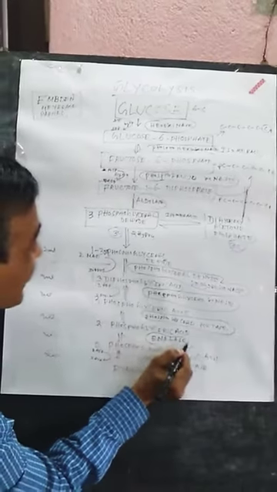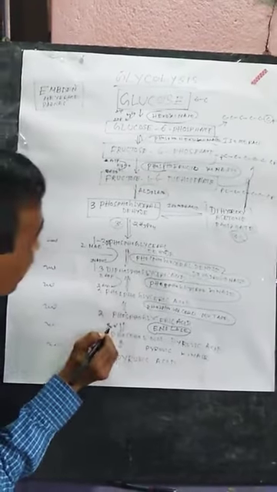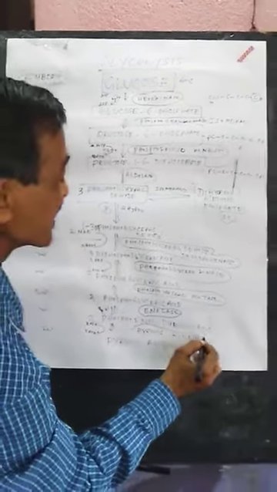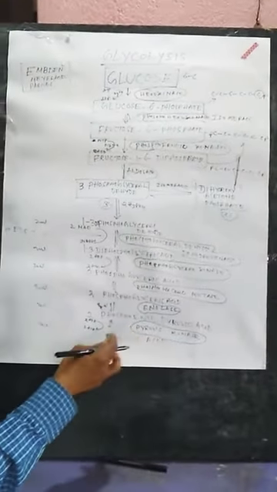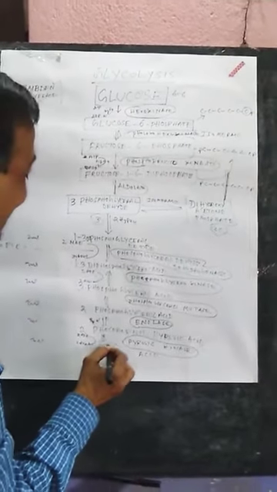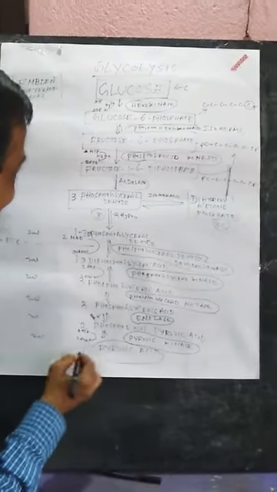Then the enzyme enolase releases water, giving phosphoenol pyruvic acid, and here the pyruvic kinase enzyme converts it into pyruvic acid, 2 molecules, 3C.